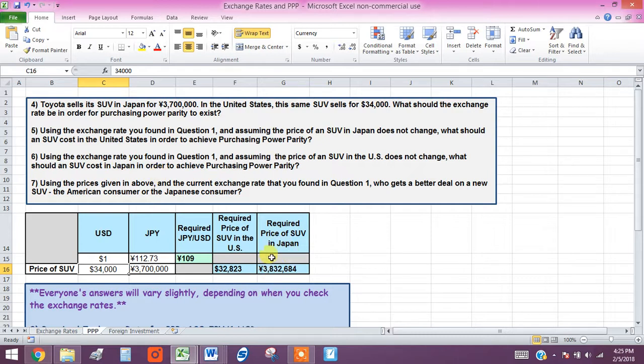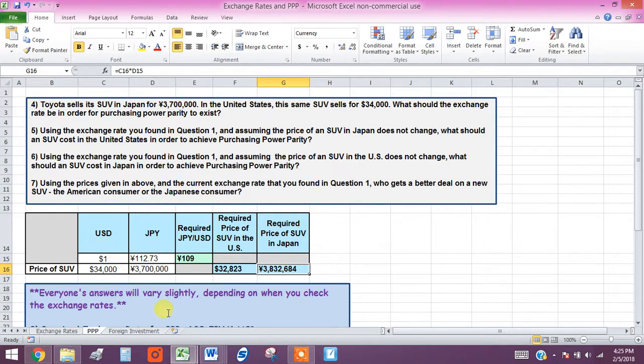So right here in this cell, we want to multiply the price of the U.S. car right here by the exchange rate of the yen right here. So we want to multiply 34,000 times the current exchange rate in yen, which is 112 point something, right?